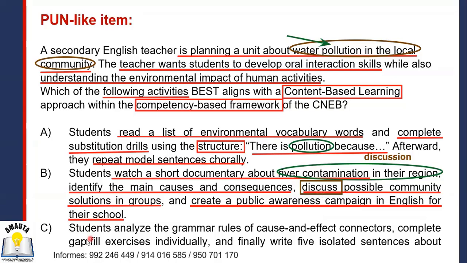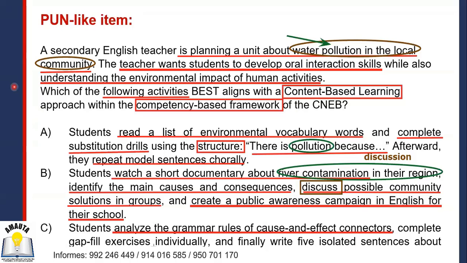And what about letter C? Here, students analyze the grammar rules of cause and effect connectors, okay? They complete gap-fill exercises in which they should complete, probably with these connectors, the blanks, right?